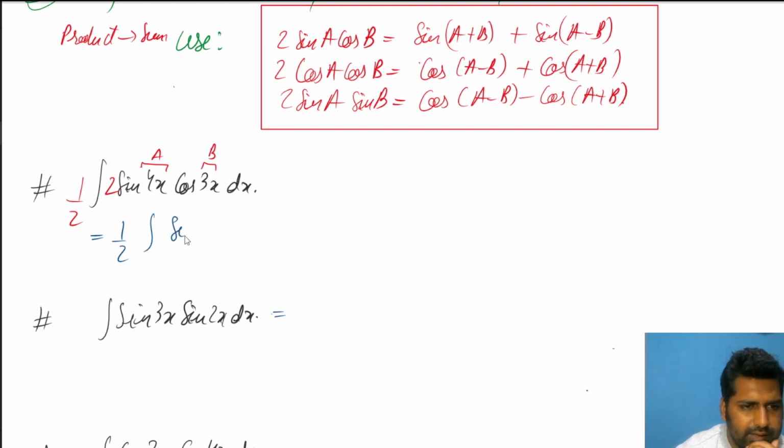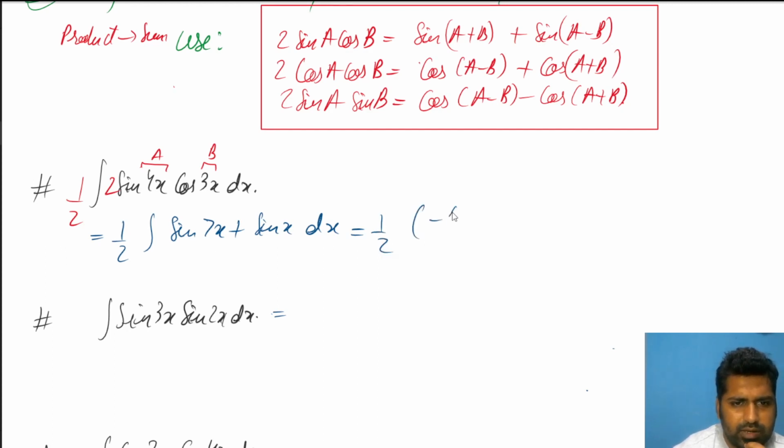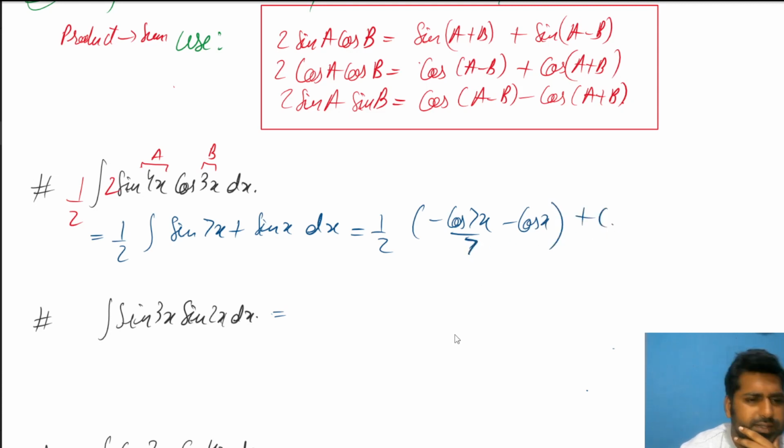Sine of a plus b, add them, 7x, plus sine of a minus b, subtract them, sine x dx. Just a one step question. After this 1 by 2, what is the integration of sine? Minus cos 7x by 7, minus cos x, plus c. As simple as that. The only problem was to convert product to sum.